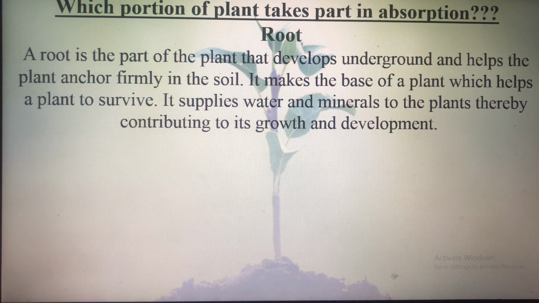The root is the part of the plant which develops underground and helps the plant anchor firmly into the soil. The root not only makes the base of the plant, but also helps the plant survive by ensuring a continuous supply of water and minerals, which are mandatory for its growth and development.